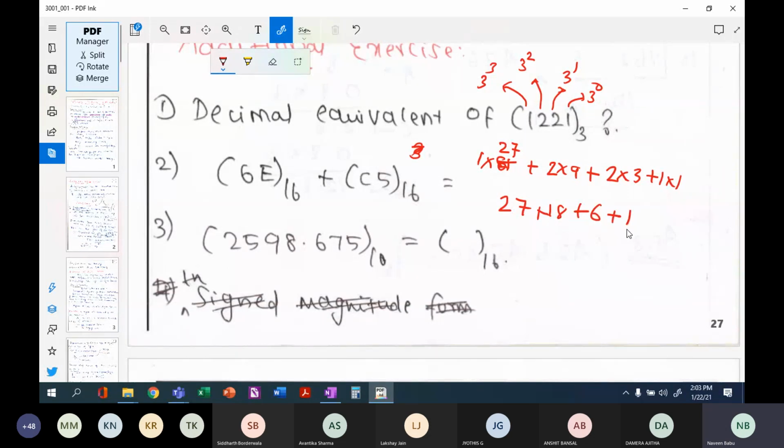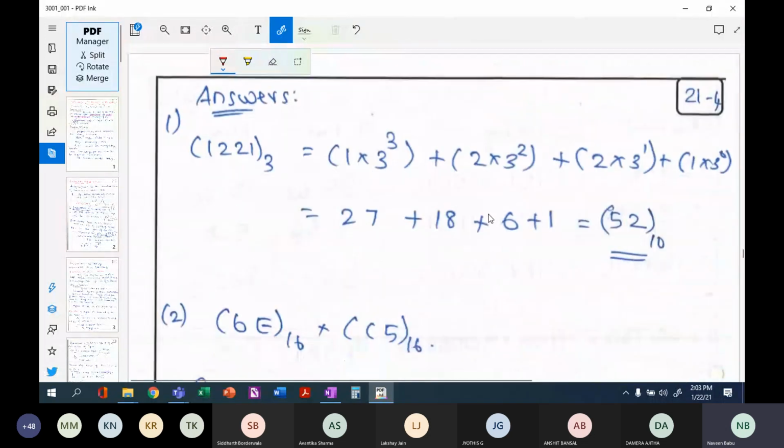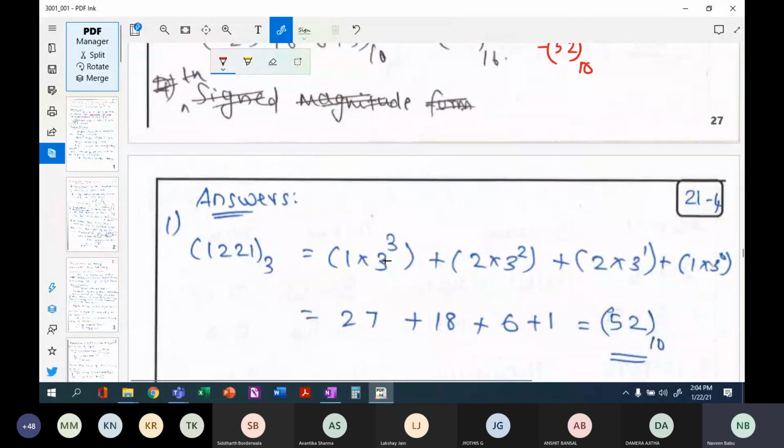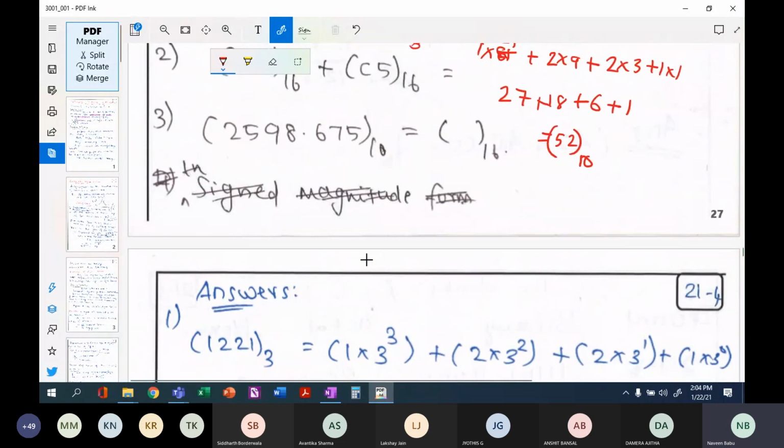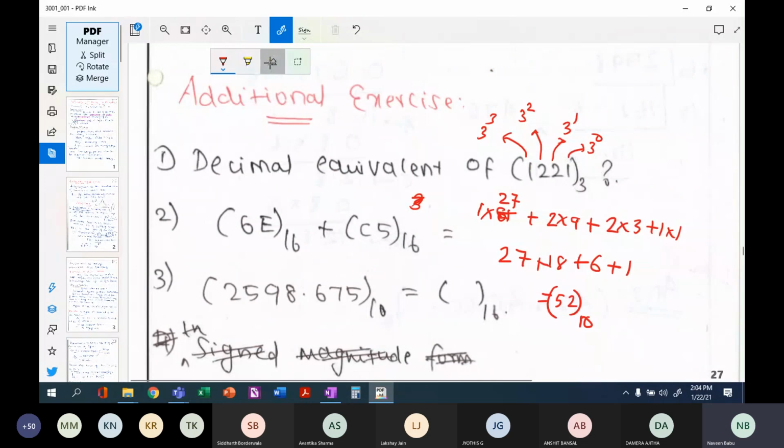So it is 24, 25, 25 plus 27 is 52. So 52 is the equivalent decimal value. So let us see the solution. Yes, it is 1 into 3 cube plus 2 into 3 squared, likewise, and then it is 52 to the base 10.